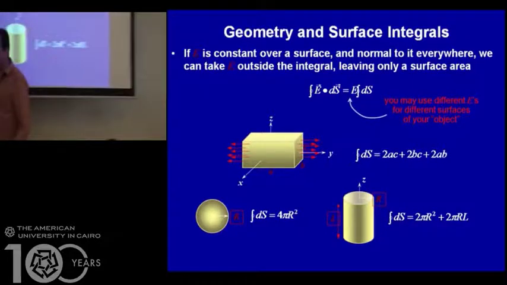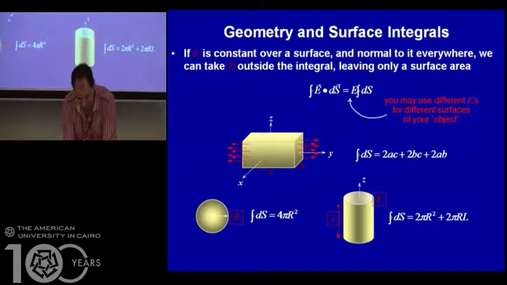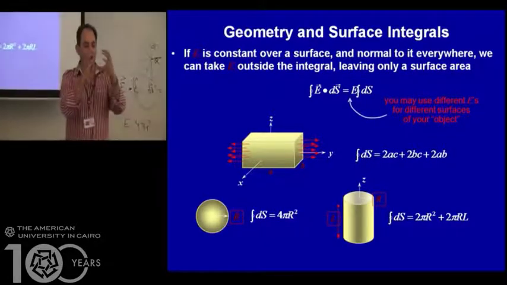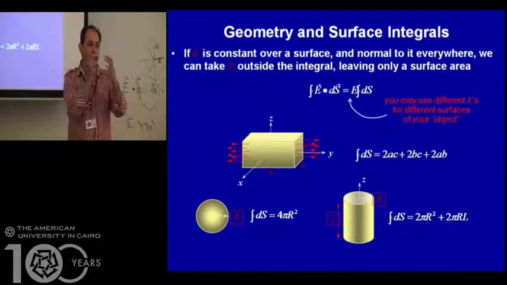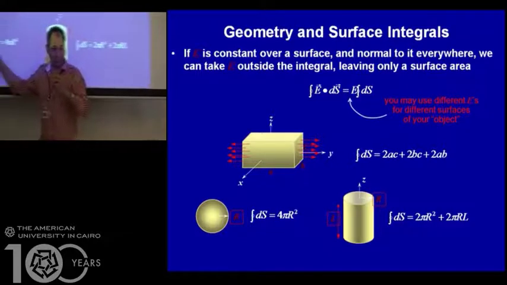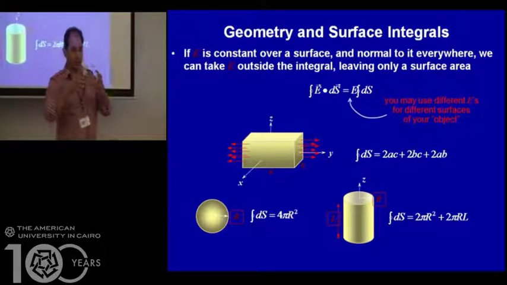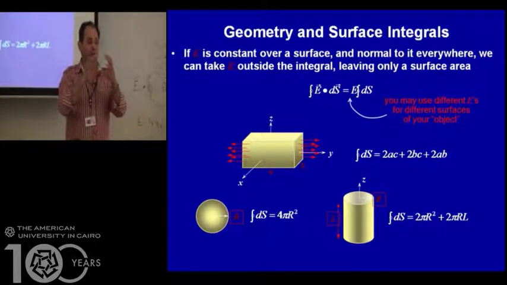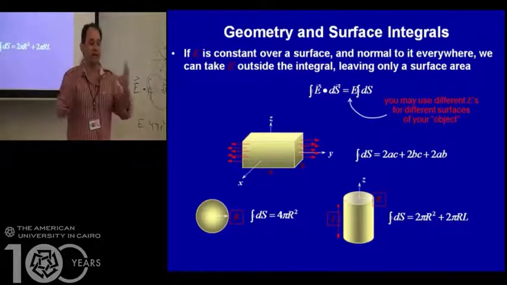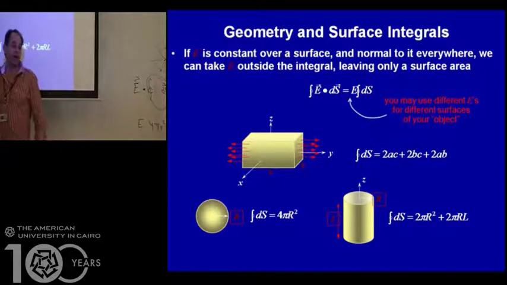What I'm saying is that if you have a sphere and you divide it into small parts, each part has an area of ds, and if you integrate all over that sphere, or in other words, if you add up all those ds's, you end up having 4 pi r squared. Okay?